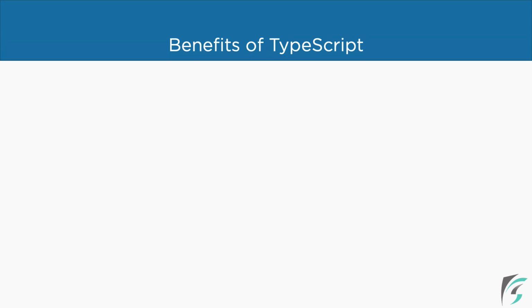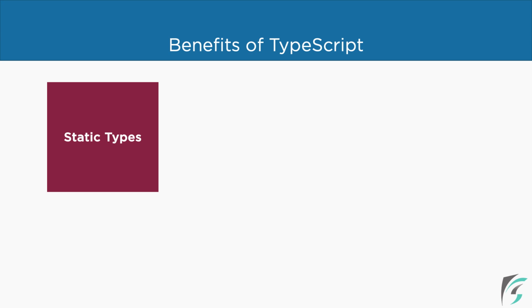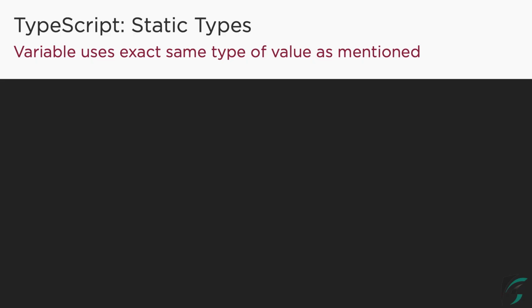Feature number 1. We get static types. Static typing is when the compiler enforces that a variable uses the exact same type of value as mentioned. JavaScript, as we all know, is very flexible about its data type. It is so flexible that even when we want to provide a type information for a variable, we cannot do that.